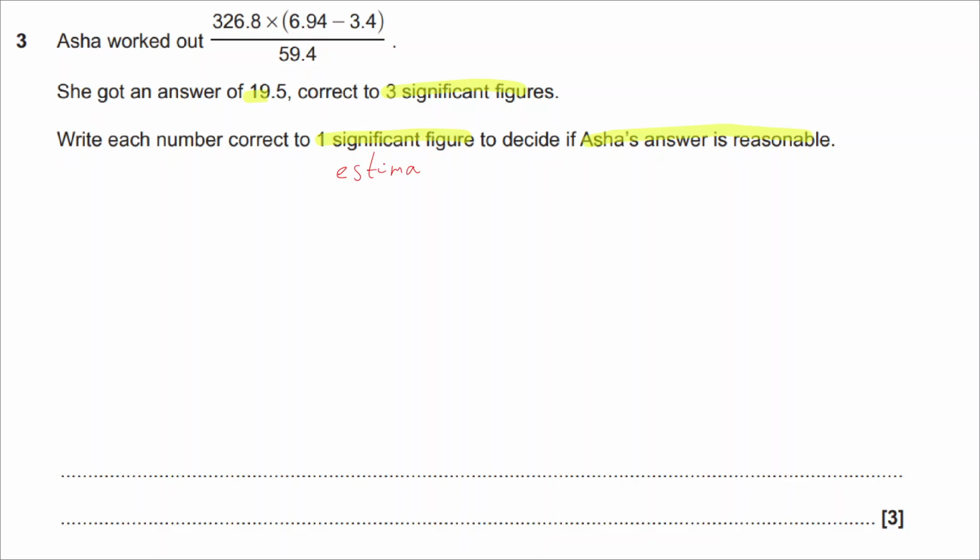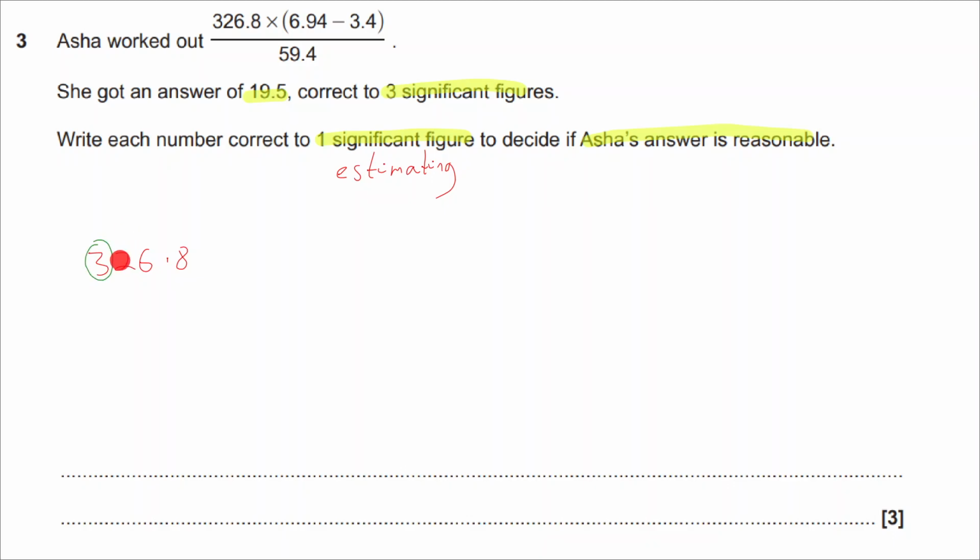And if we round each of these numbers here to 1 significant figure, let's see if we get an answer close to 19.5. Now your first number is 326.8. Your first significant figure here is your first number that isn't a 0, which is the 3. And when you round numbers, you look to your number to the right.